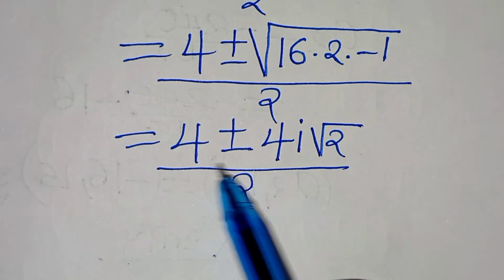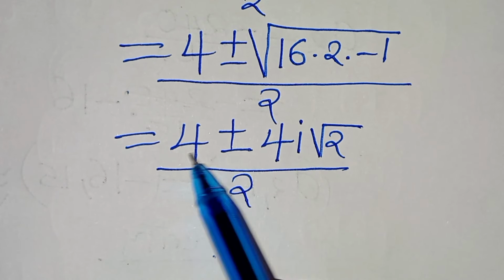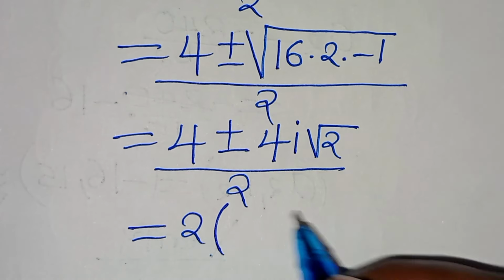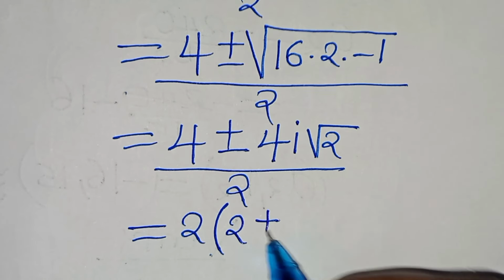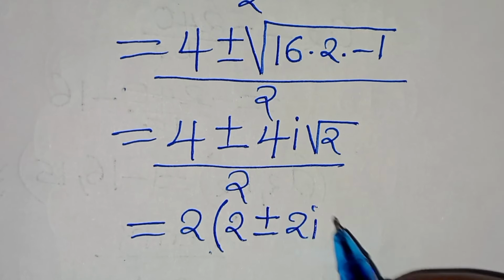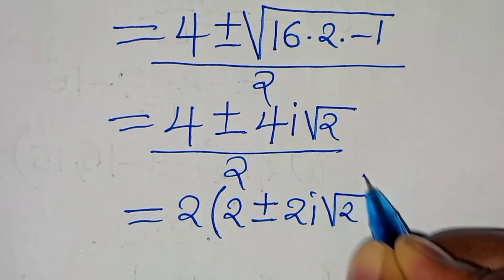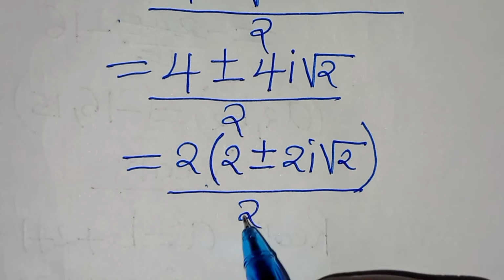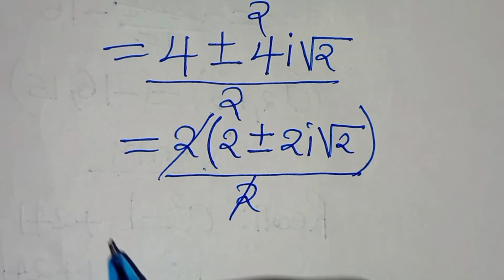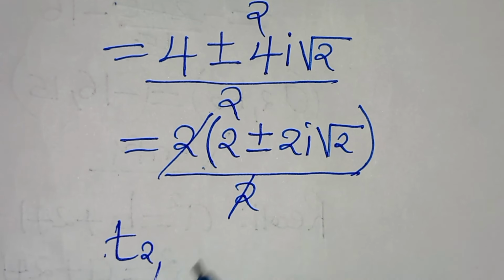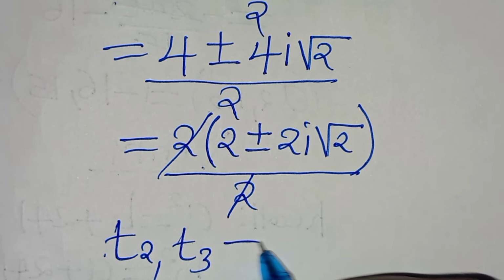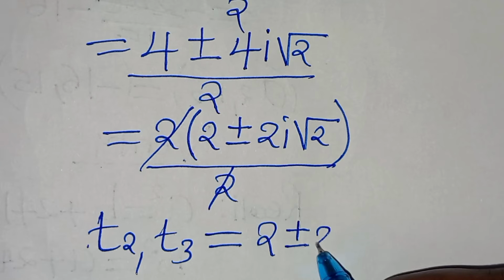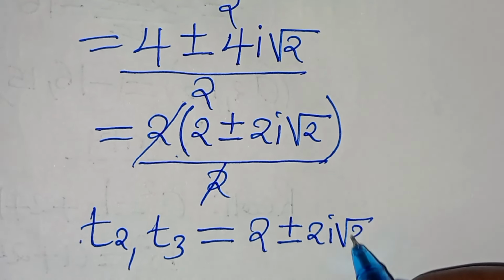The next step is that in the numerator, 2 is common. So we can factor out 2, so that in the parentheses we have 2 plus or minus 2i square root of 2, everything divided by 2. So we can simplify 2 and 2, so that now t2, t3 is equal to 2 plus or minus 2i square root of 2.